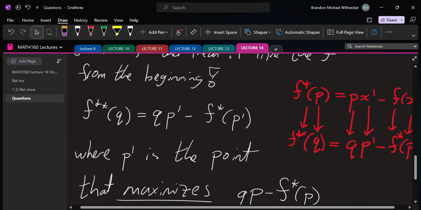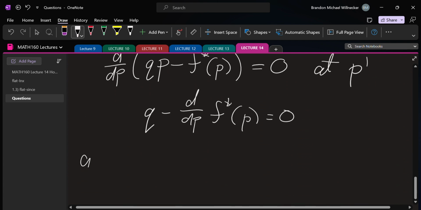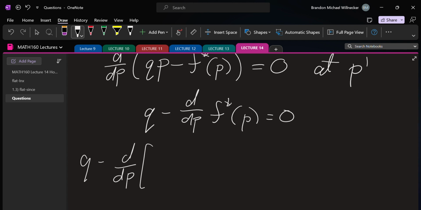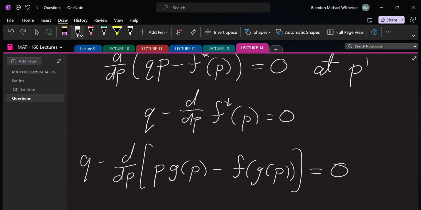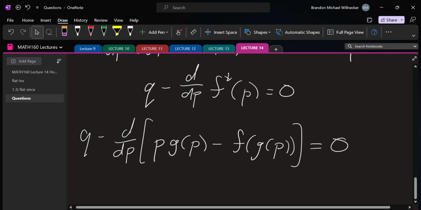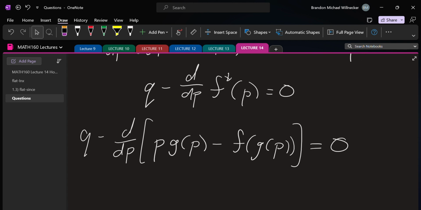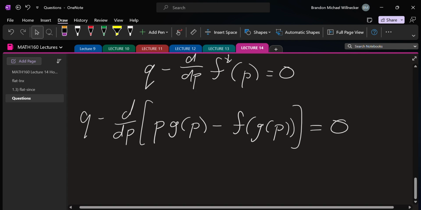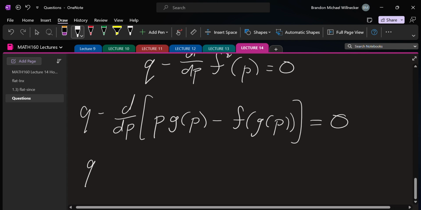So in the f star in the bit at the end, we now put that over there. So we're going to have q minus d by dp of f star. We calculated that in the beginning. That was p g of p minus f of g of p. And again, that was 0. Okay, so all I did here was take the derivative and then substitute f star from the previous step.